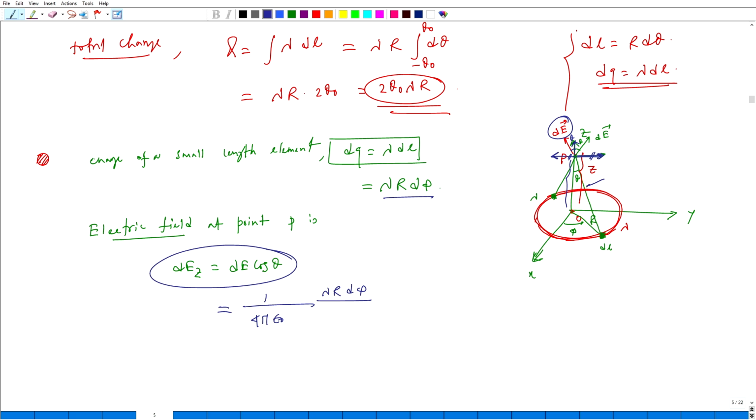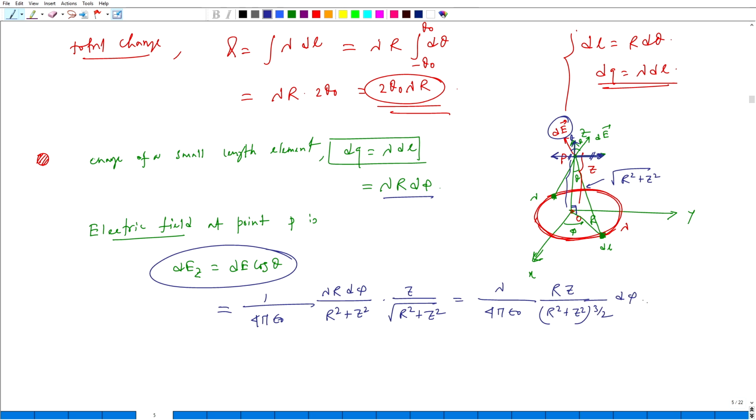So this distance is basically square root of r square plus z square, since this angle is 90 degrees. And cos theta is basically z over square root of r square plus z square. So this one becomes lambda over 4 pi epsilon naught times r z over r square plus z square to the power 3 by 2 times d phi.